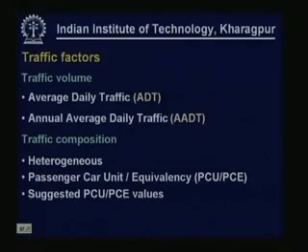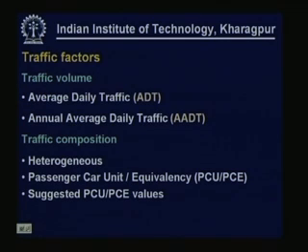So, the seasonal data normally is available from secondary source and which is used to upgrade the ADT to AADT. Then the next factor is traffic composition.